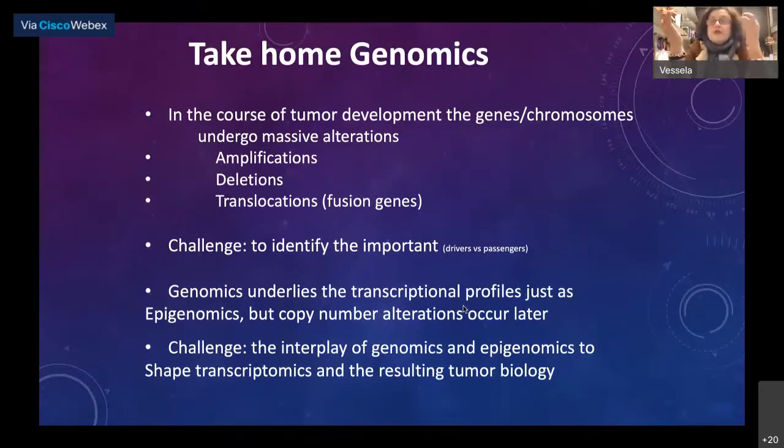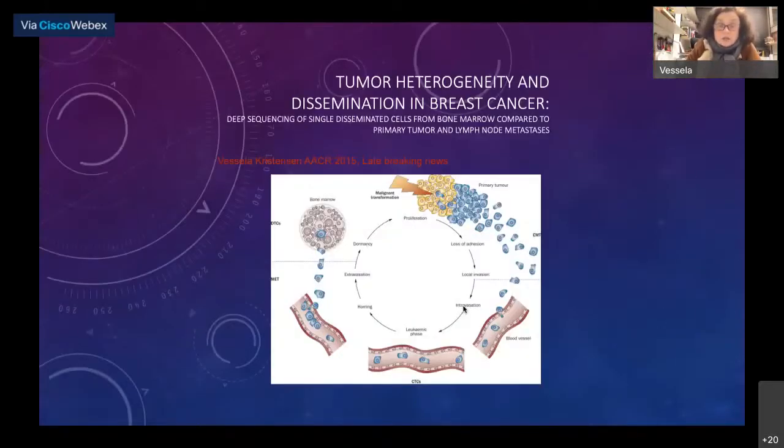And we can see how much that can tell us about the cancer cell, and how much of that is actually regulated by epigenetic effects, for which Thomas Fleischer will be talking tomorrow. And so the real challenge is to identify the interplay between the genomics, what is on the DNA level, the epigenomics, these epigenetic switches of each gene, and how they shape transcriptomics in the resulting tumor biology.